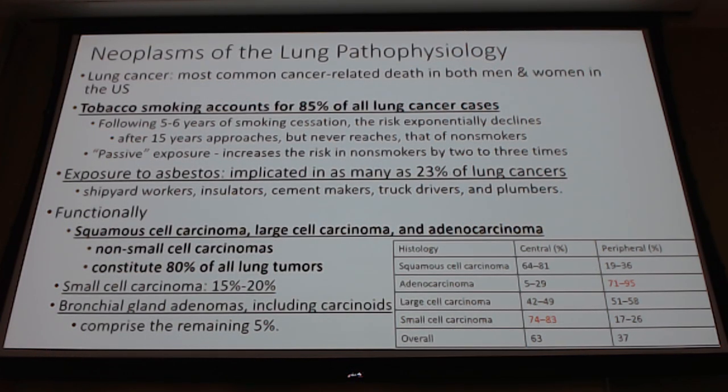Normally, after 5 to 6 years of smoking cessation, okay, so when you stop smoking, your risk exponentially declines. After 15 years, it actually approaches the level of non-smokers. But this is why you don't smoke with your kids in the car. Secondhand smoke increases your chance of getting lung cancer by 2 to 3 times. So don't smoke in the car with your kids or with anybody.